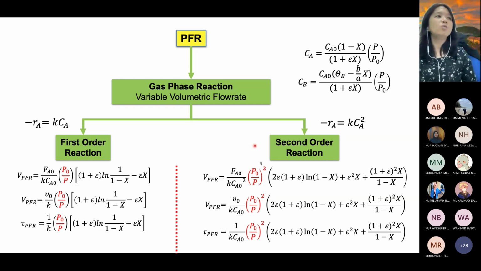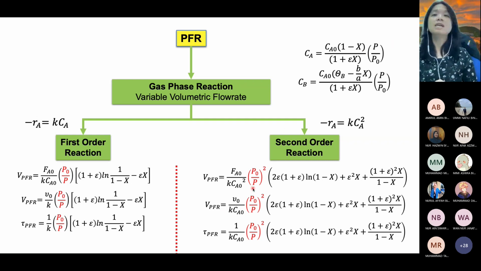Okay, so if you wonder kenapa second order ni kena P0 per P kuasa 2, sebab rate law dia kan minus RA equals to KCA kuasa 2. So, kalau CA kuasa 2, dia akan menjadi CA kuasa 2, CA0 kuasa 2, 1 minus X kuasa 2, 1 plus epsilon X kuasa 2, P per P0 pun kuasa 2.